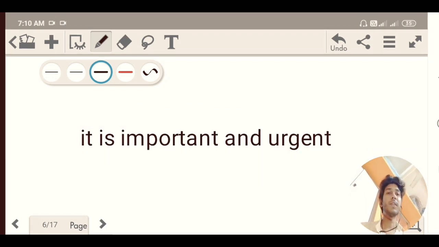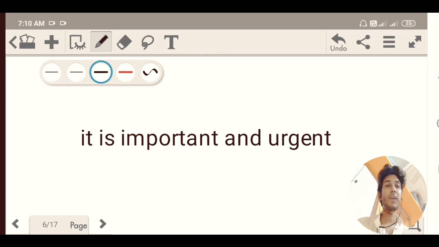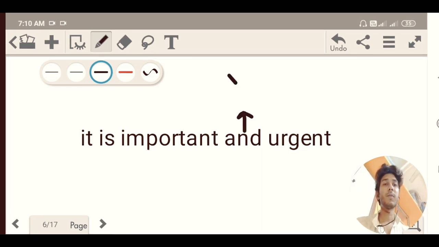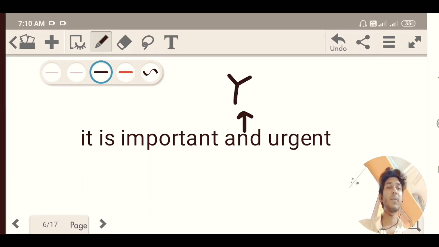Now we are going to deal with combined sentences, and the word in Spanish that stands for "and" is e. We write it y, but we pronounce it as e.